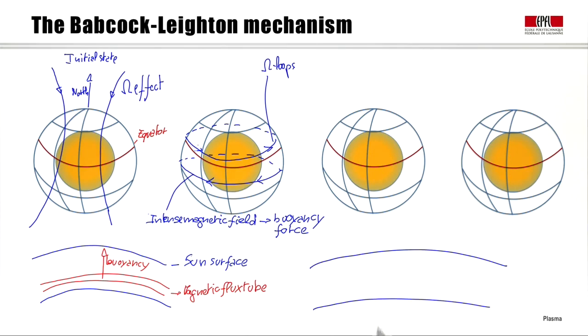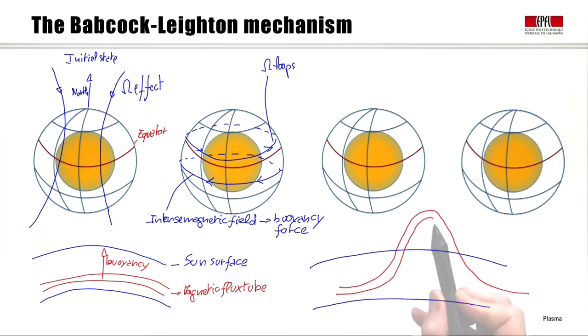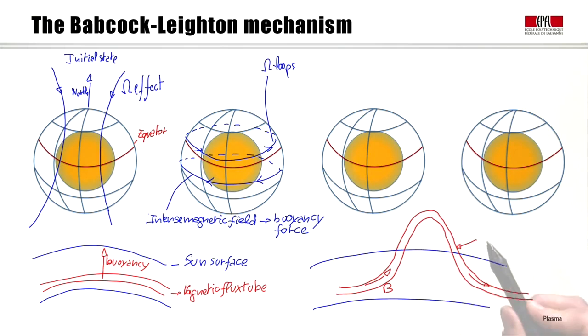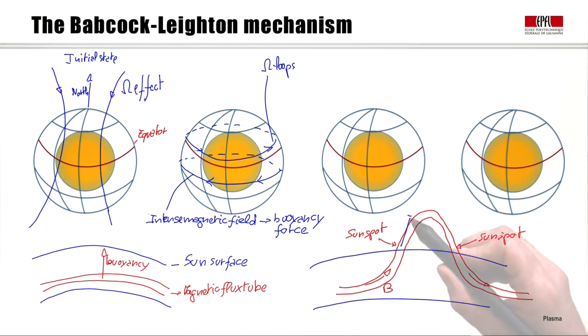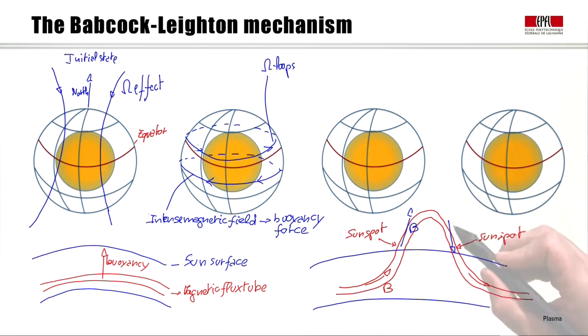By being lifted by the buoyancy force, the magnetic flux tube can now exit the surface of the Sun, forming two sunspots. We also note that the polarity of the magnetic fields in these two sunspots is inverted. This inverted polarity is consistent with Hale's law that we have seen in the previous module.